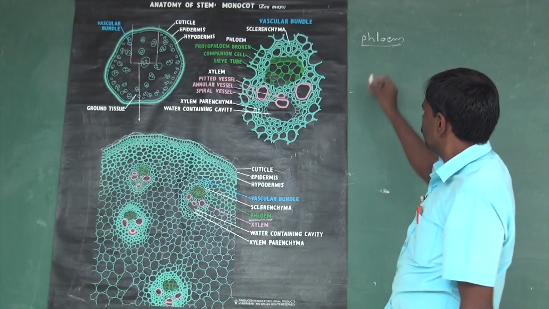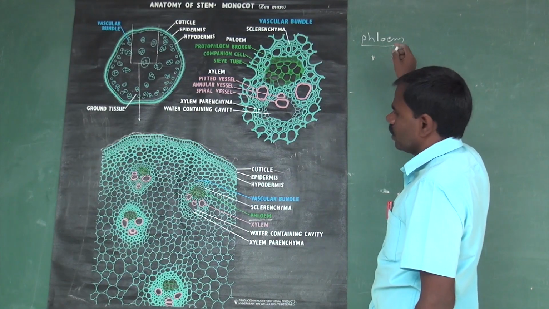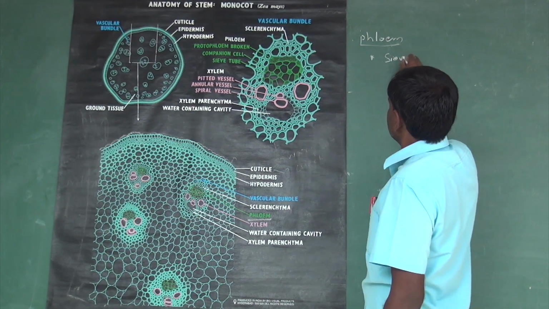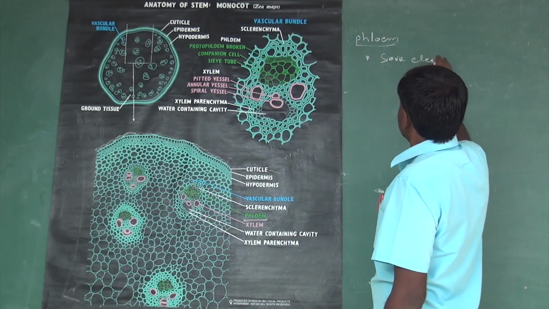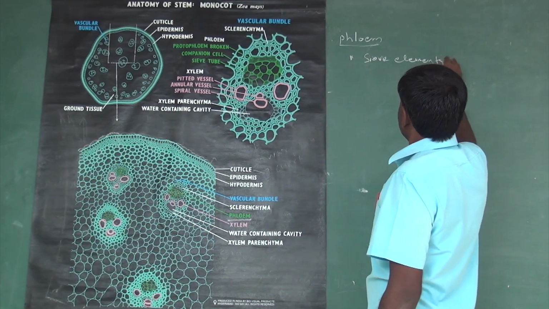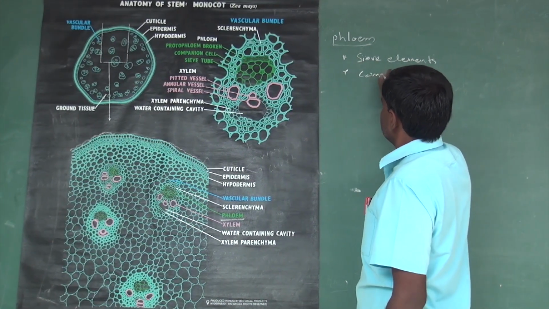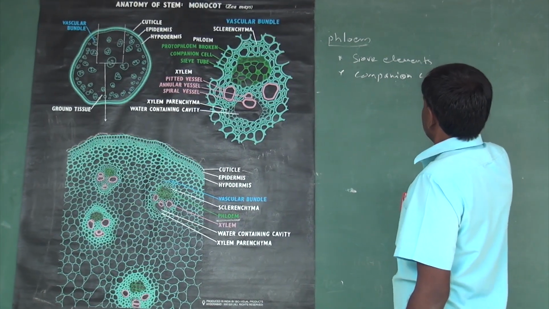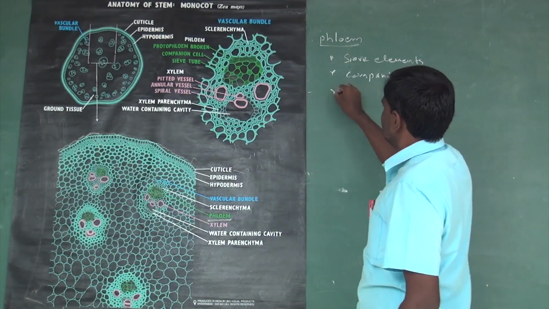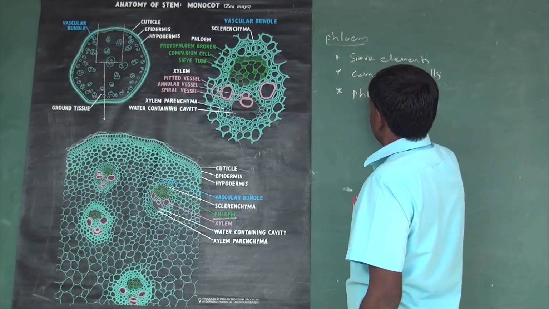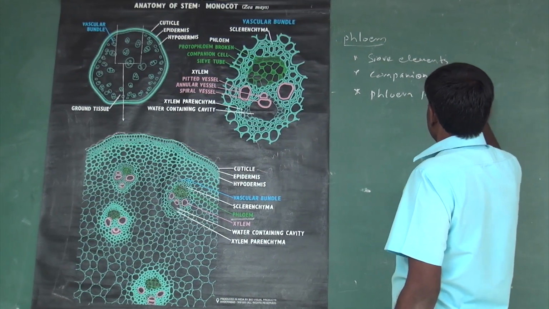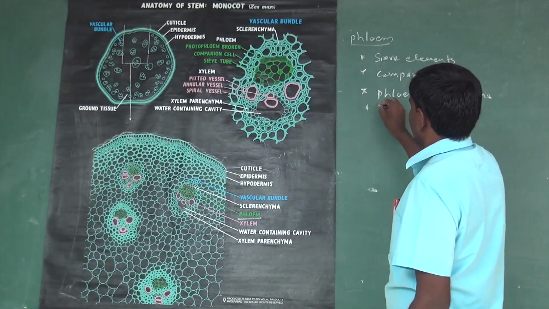Next is phloem. The phloem consists of four types of elements. The first one is sieve elements, the second one is companion cells, the third one is phloem parenchyma, and the fourth one is phloem fibers.